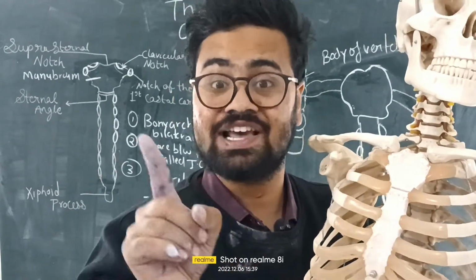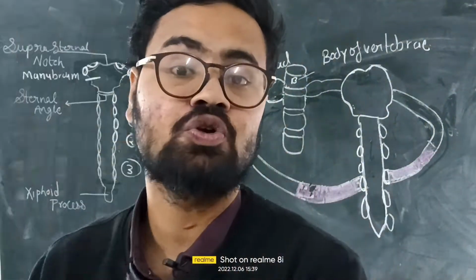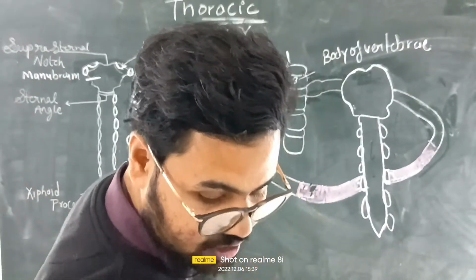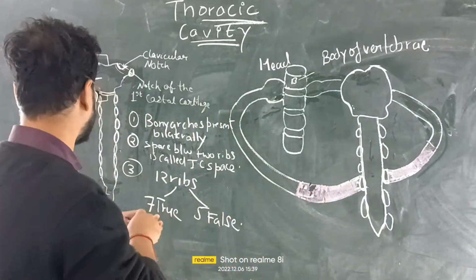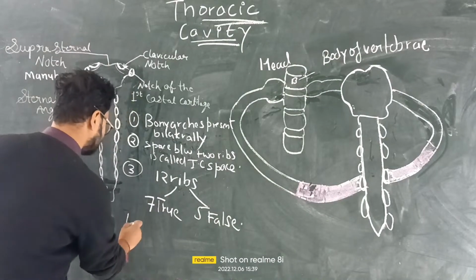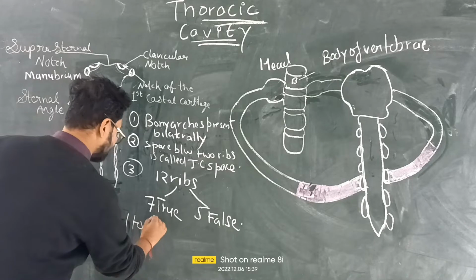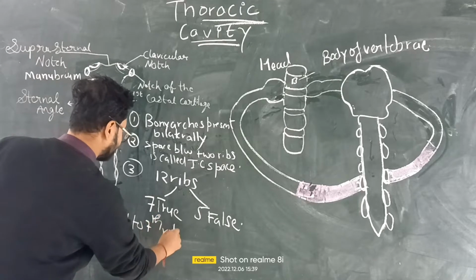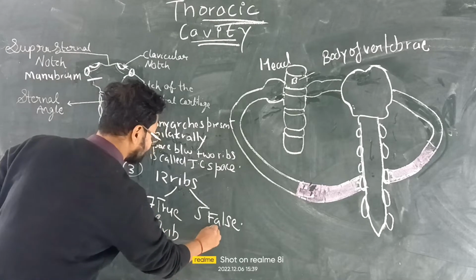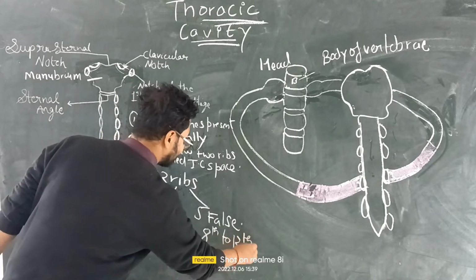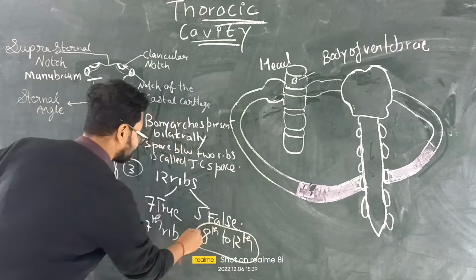So 1st to 7th rib are true ribs, and 8th to 12th rib are termed as false ribs.